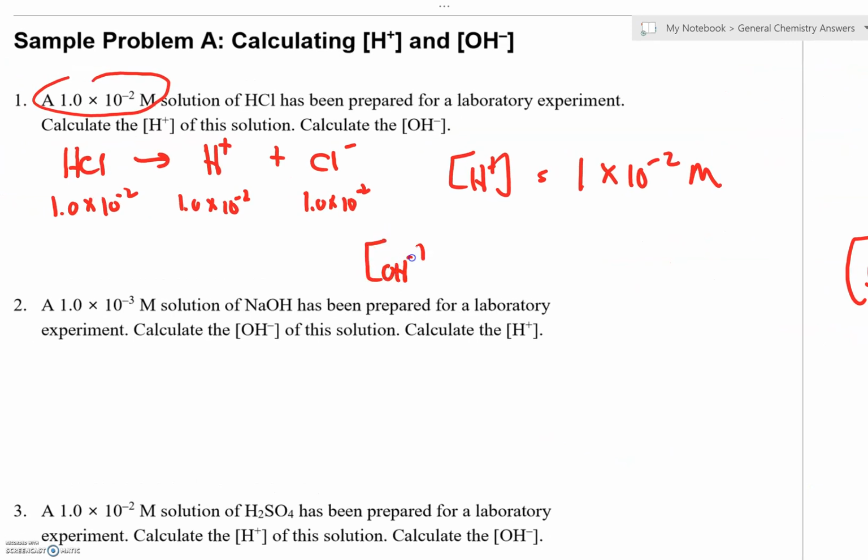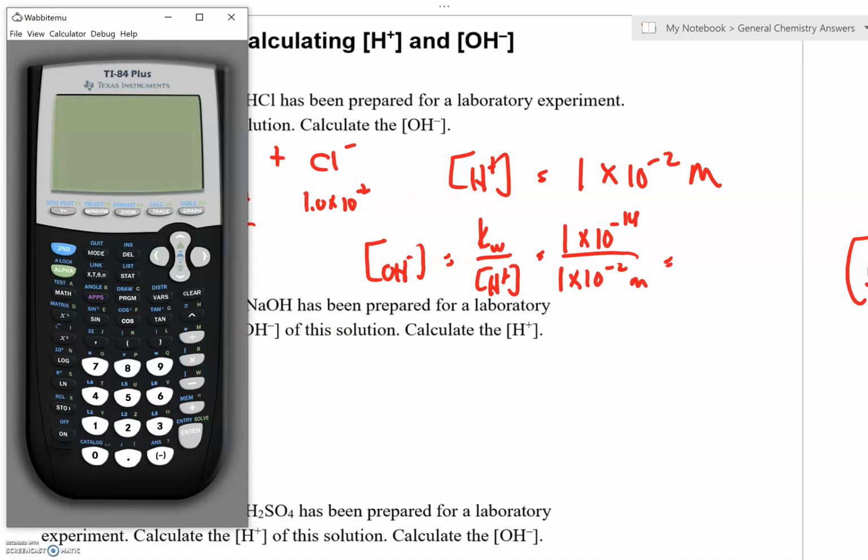Okay, so let's set this up. OH minus is equal to Kw divided by H plus. You know that Kw is 1 times 10 to the minus 14th. You know that H plus is 1 times 10 to the minus 2 because that's what you got up here. And let's bang it into our calculator.